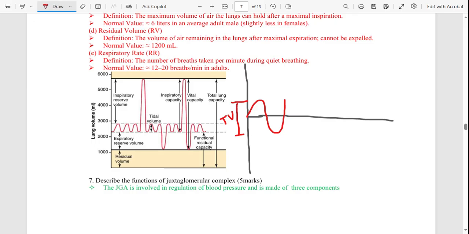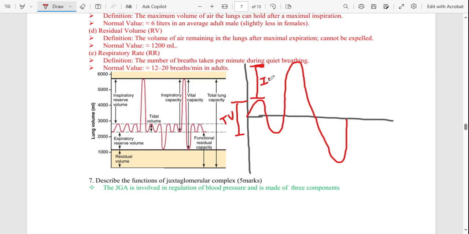Now, sometimes you can forcibly breathe in. You can take in a very deep breath. You can see how you go up. And then you can also forcibly breathe out. The amount of air that you forcibly breathe in, we call the inspiratory reserve volume.